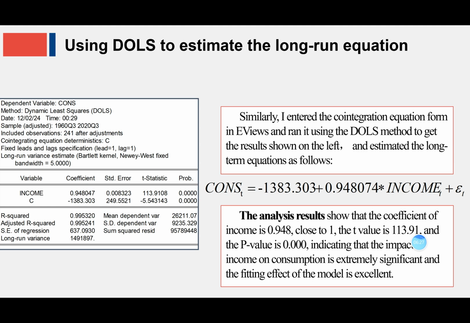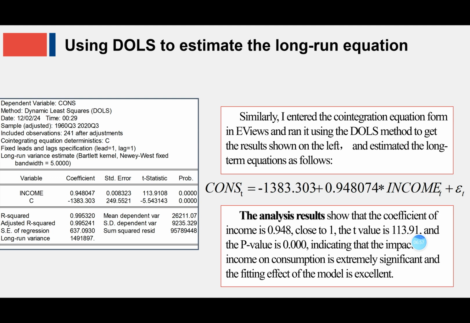Similarly, I entered the equation form in eViews and ran it using the DOLS method to get the results shown on the left, and estimated the long-term equation as follows. The results show that the coefficient of income is 0.9848, close to 1.